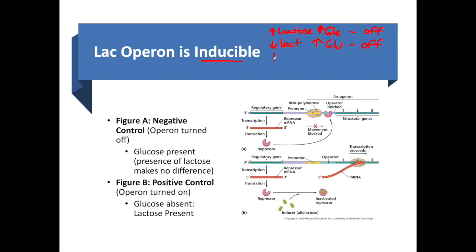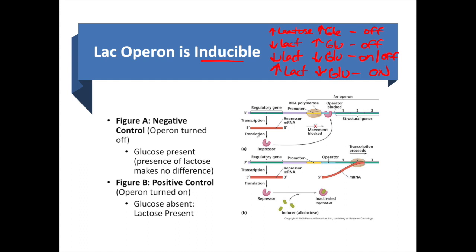If I have a low lactose concentration and a low glucose concentration, my gene might be on or off. We'll talk about that in a minute. If, of course, I have a high lactose environment but a low glucose environment, my gene will be on. My operon will be on.